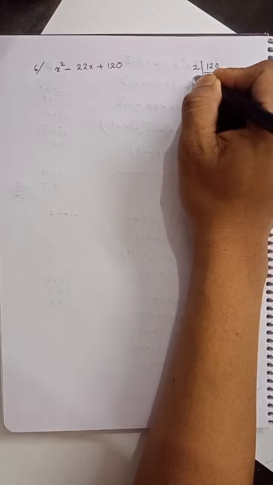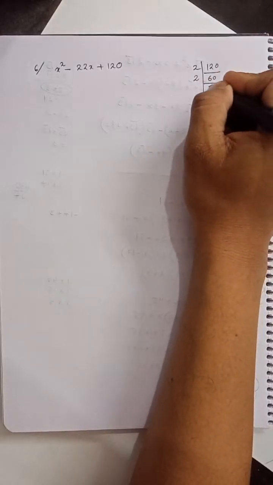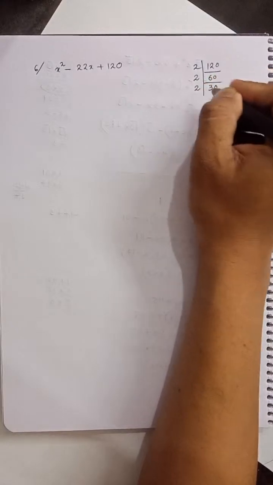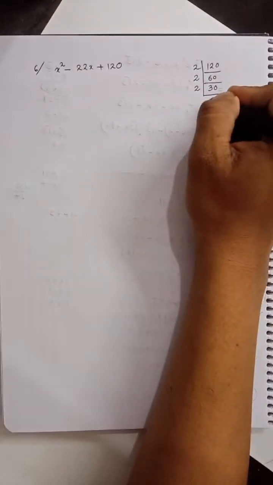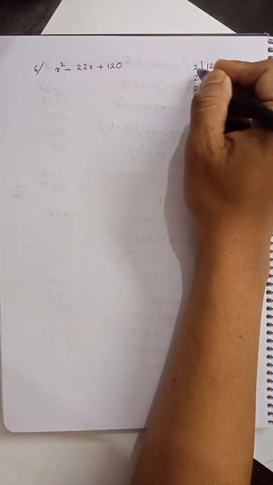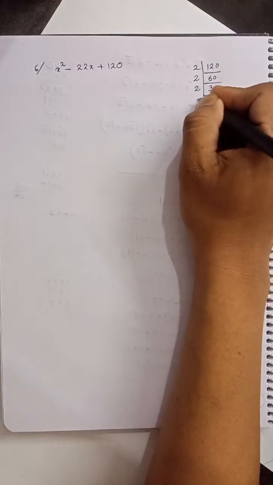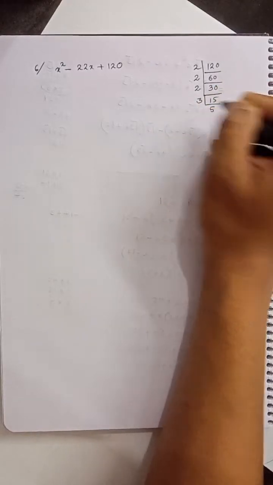Okay, then we will divide it by 2 once again. So we'll have 30. So then we have 2 into 2, 4, 4 into 30. Then again we'll divide it by 2, 15. So we'll have 2 into 2 into 2, 8, 8 into 15. Okay, then we'll divide it by 3 and we will have 5.